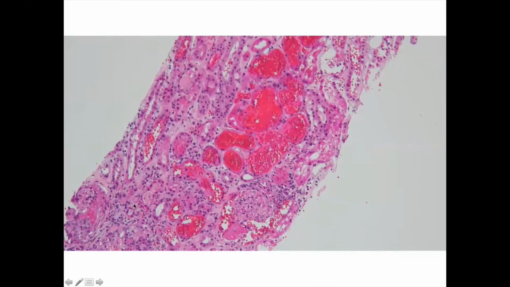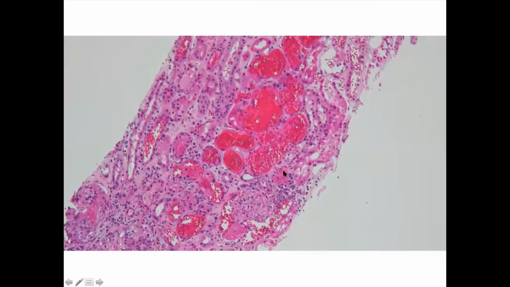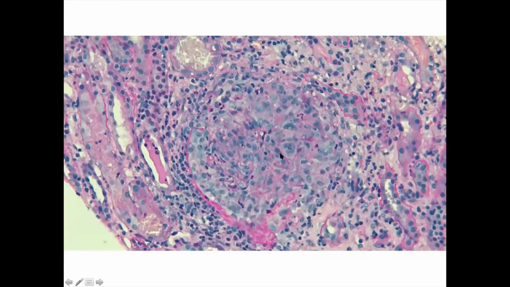Here we have 2 glomeruli and they don't look healthy. So I'm going to show you how these look on high power. So this is PAS.